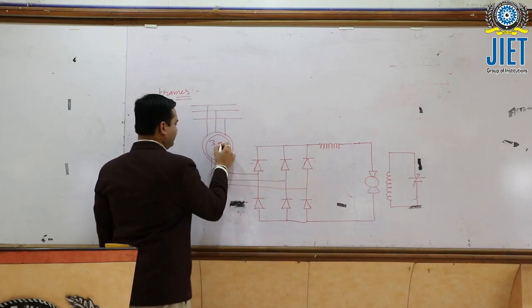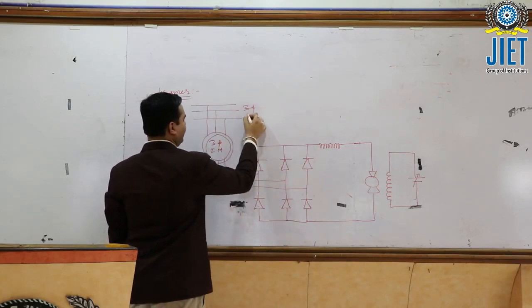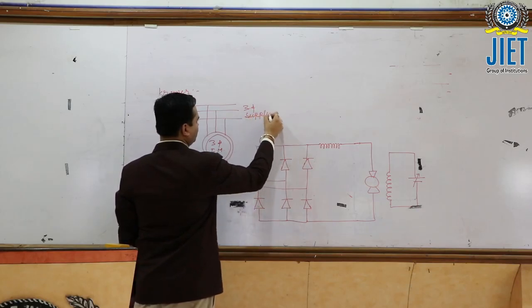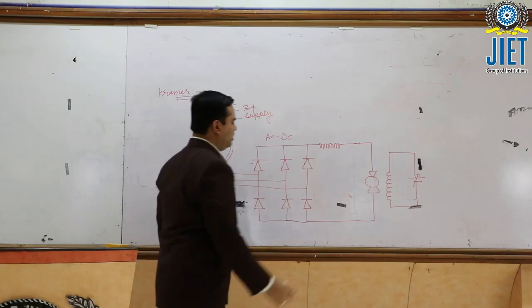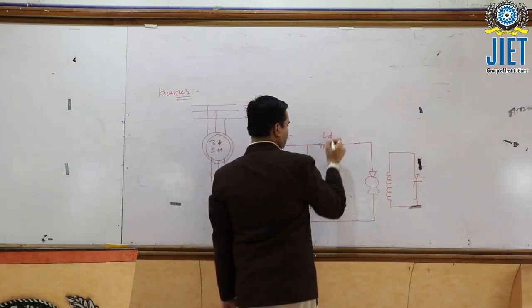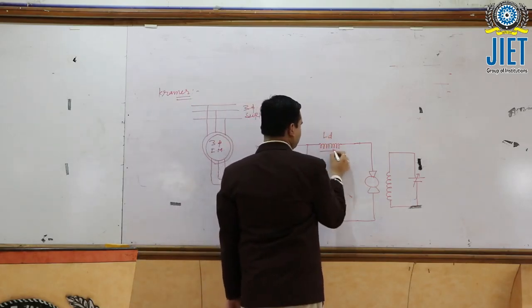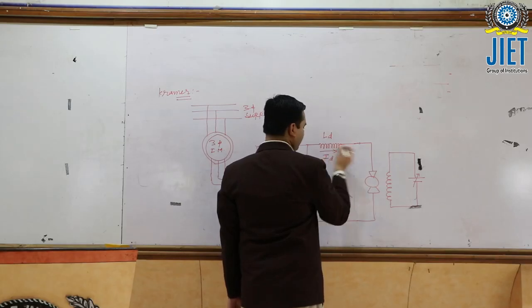This is the three-phase IM. This is the three-phase supply. This is the AC to DC rectifier. This is the DC inductor, denoted by LD. This is ID, the current flowing through this inductor.